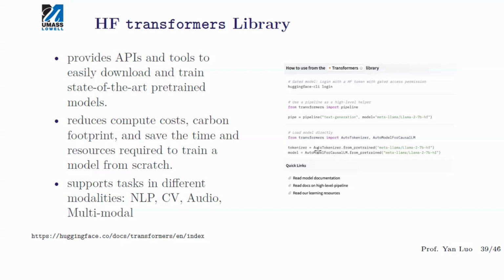We use the AutoTokenizer and also this AutoModelForCausalLM. So these two functions are from this Transformers library. We're going to use those functions to specify the models that we want to use and download the model locally. So we can then run these models on your laptop.